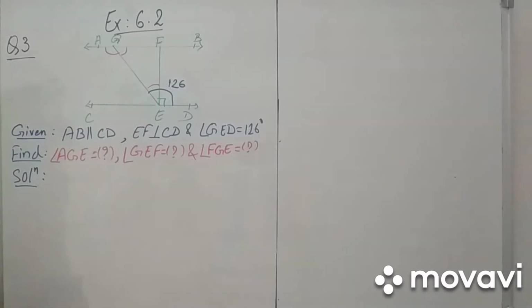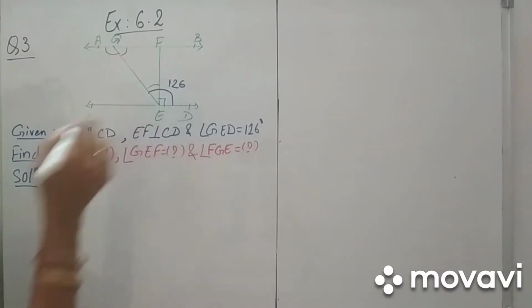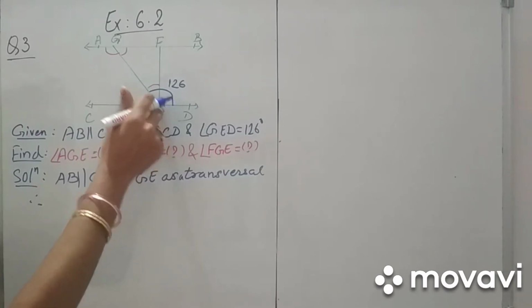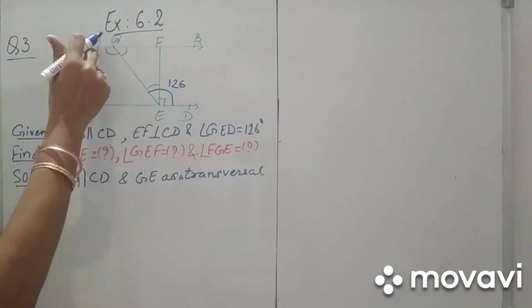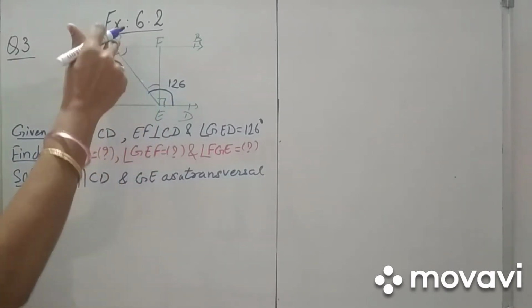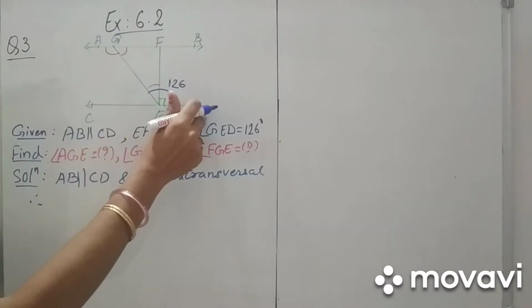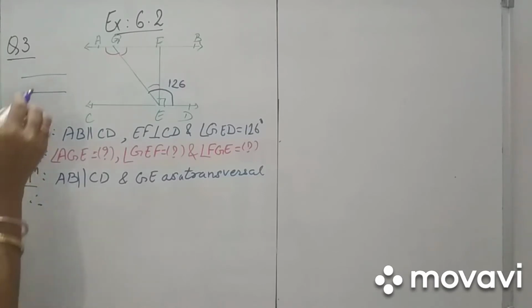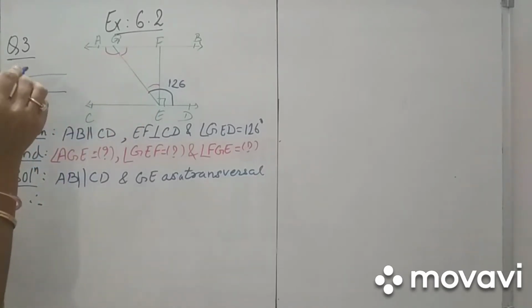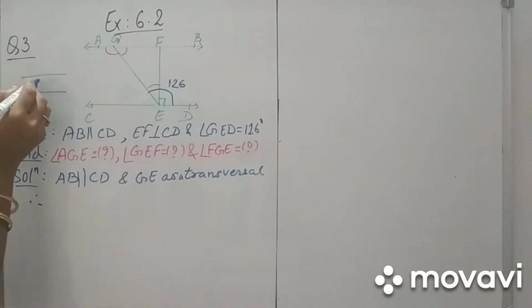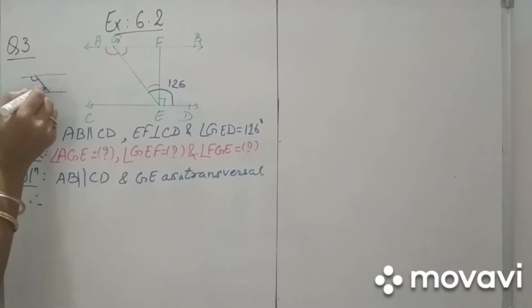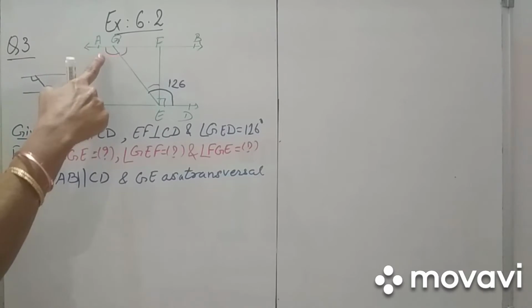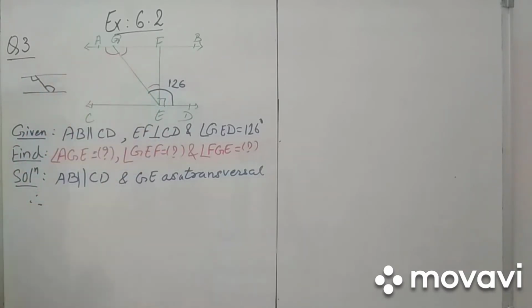As it is given parallel, I can take GE as a transversal. So, what can you say about angle AGE and angle GED? Whenever the figure is complicated, where 2, 3 other figures are also added, then draw it separately like this. This angle and this angle are there.